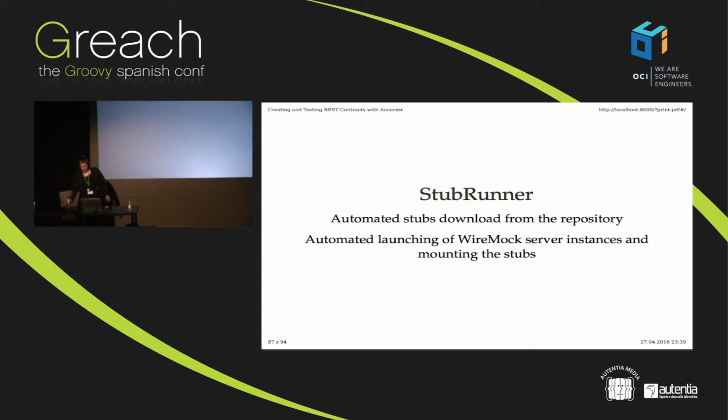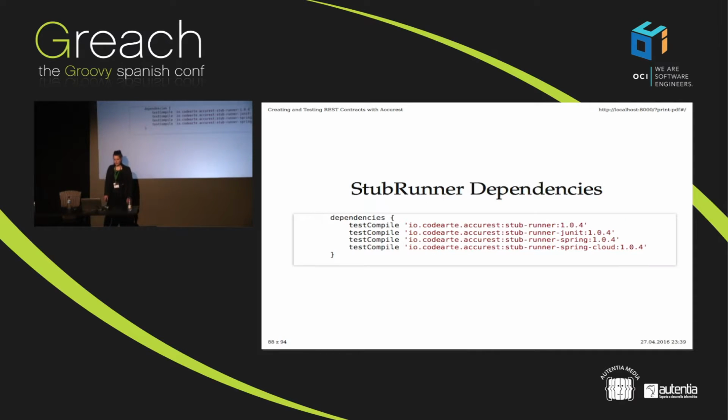And what StubRunner does is it automatically downloads stubs from a repository, and then it launches WireMock under the hood with appropriate amount of server instances and mounts those stubs. So this had to be done before by the users using WireMock rules and using some Gradle scripting. Now it's also provided.